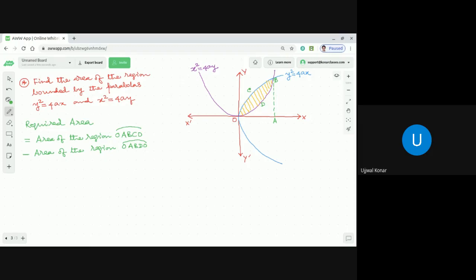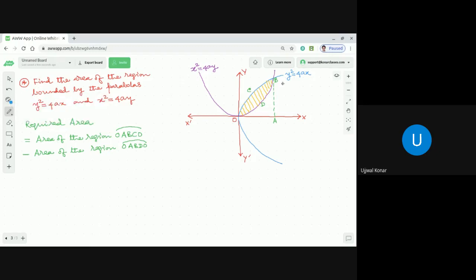OABCO. If you look into the curve, that arc OCB is on y square equal to 4ax. So now we can find the area of the region OABCO as the integral from the x coordinate of the point O to the x coordinate of the point A of y dx, where y is equal to square root of 4ax.